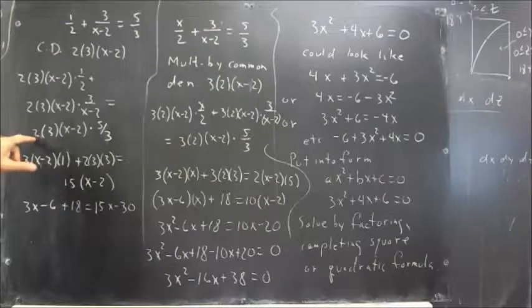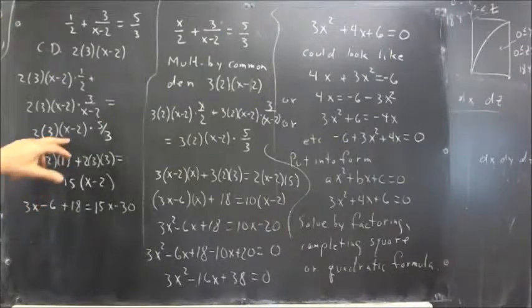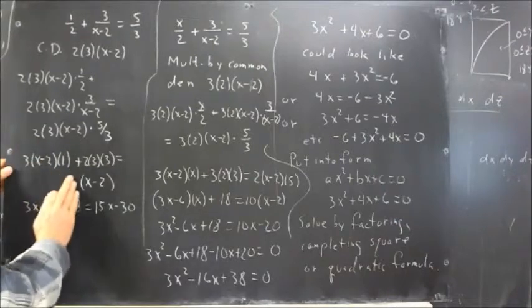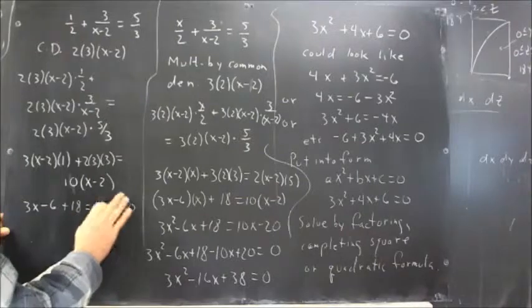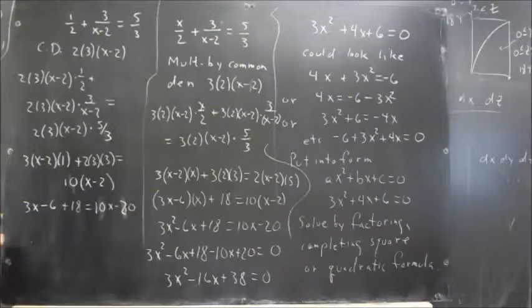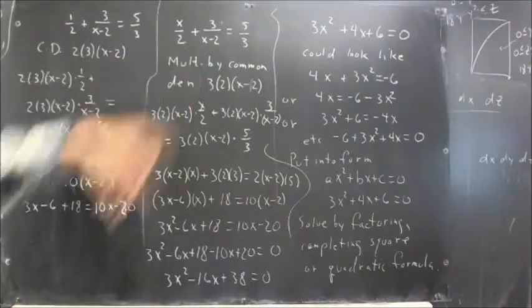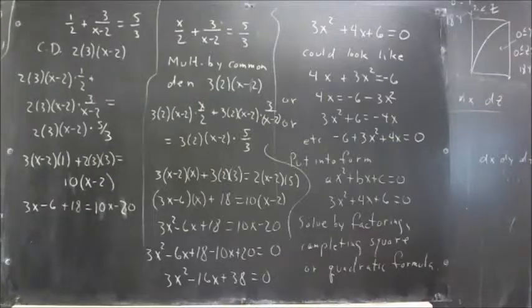And when we multiply that out, we're going to get 2 times x minus 2 times 5, which is going to give us 10 times x minus 2, which will make a 10 here and a 20 here. I wrote down a 2 here, looking out of the corner of my eye. Didn't get it right.